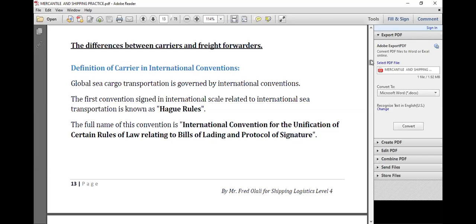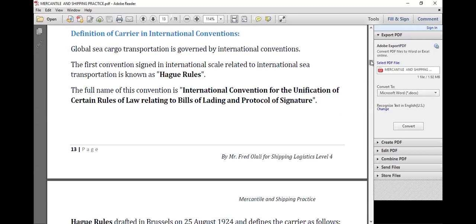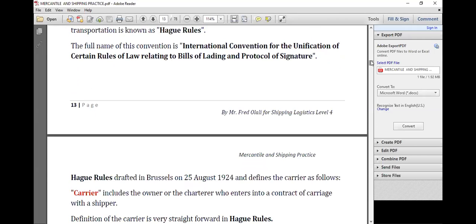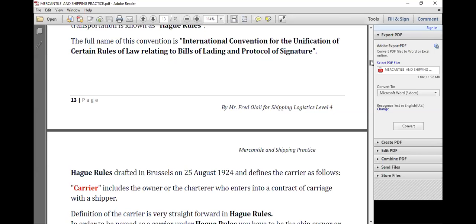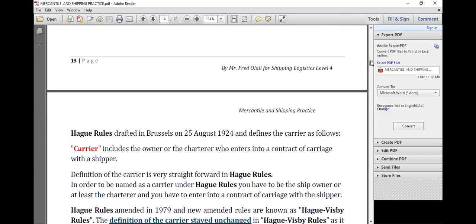The full name of this convention is the International Convention for the Unification of Certain Rules of Law relating to the Bill of Lading, and the Protocol of Signature. These are the first rules which were enacted, and the countries which signed to it became members of that particular convention.